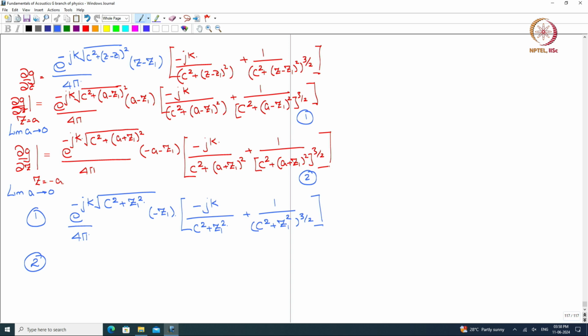We get, as a tends to 0, e to the power of minus jk square root of c square plus z1 square, by 4 pi, into minus z1, minus jk by c square plus z1 square, plus 1 over c square plus z1 square to the power 3 by 2.